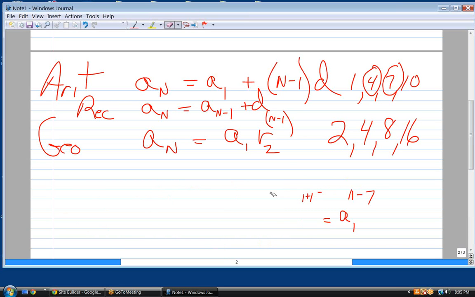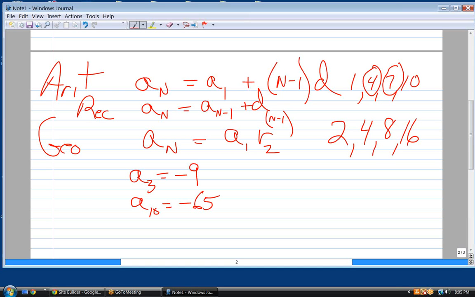This one says find a formula for a sub n for the arithmetic sequence a sub 3 equals negative 9 and a sub 10 equals negative 65. They did say the arithmetic sequence? Yes. Okay. So what is the common difference?